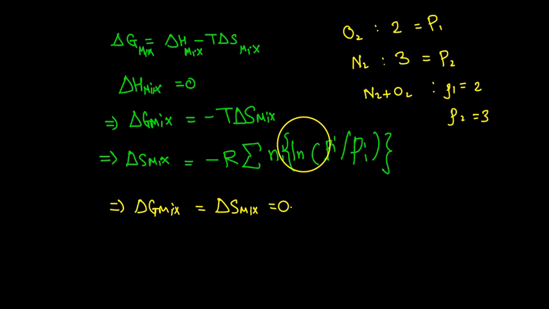So what do we understand by this? What all can we write for an ideal gas mixture? Ideal gas mixtures are the ones for which the heat change of mixing is 0 and the volume change of mixing is 0. And this happens because there are no interactions present in the system.